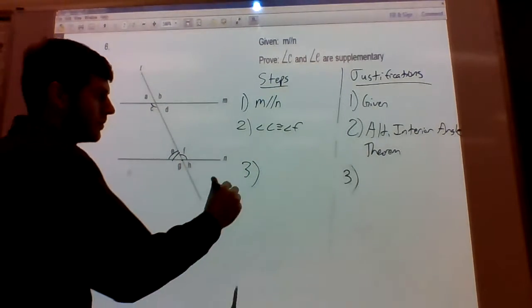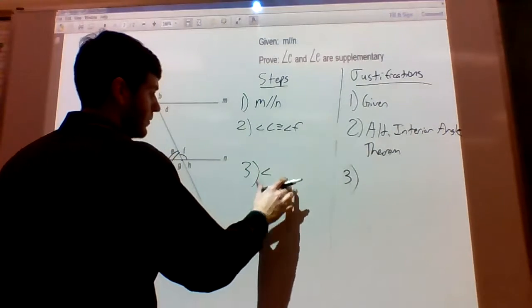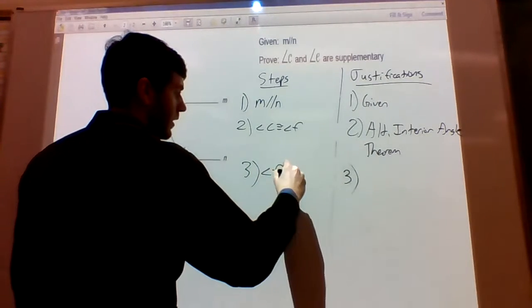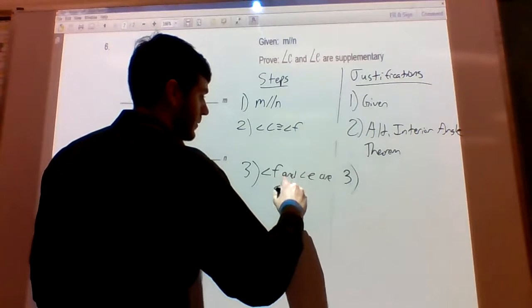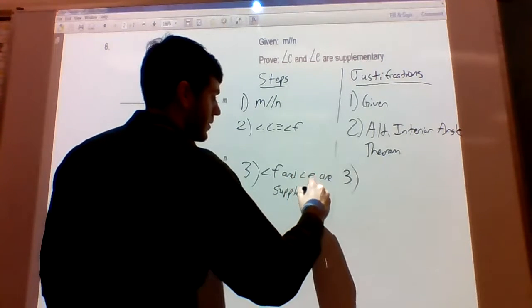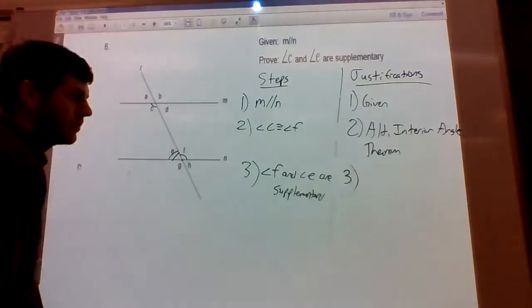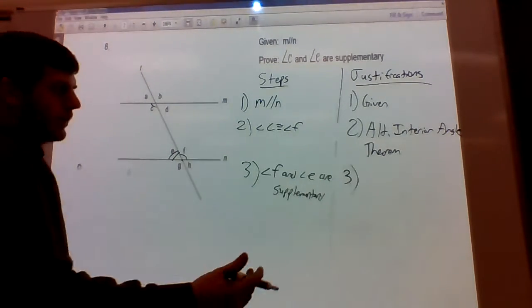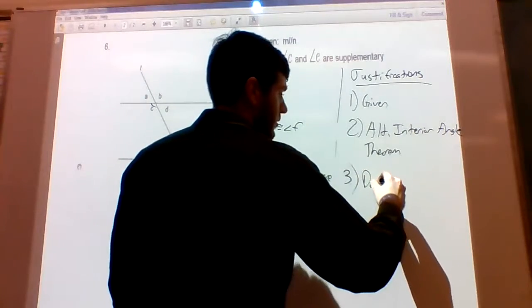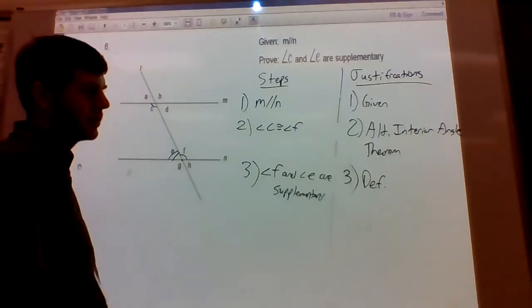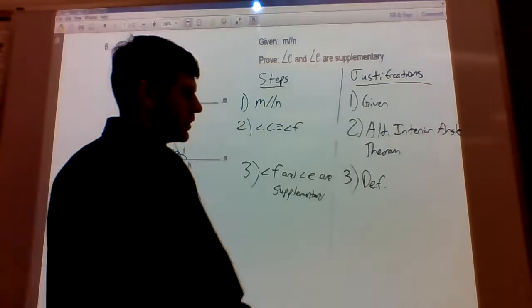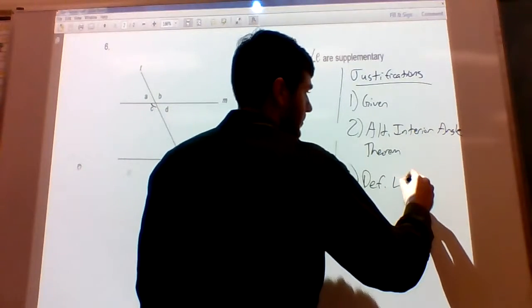So angle F and angle E are supplementary. And why are they supplementary? That's just the definition of supplementary, or definition of a linear pair, whatever you want to put here. Definition of linear pair.